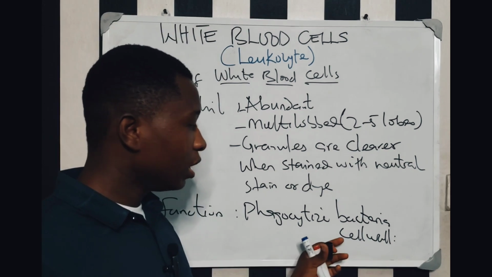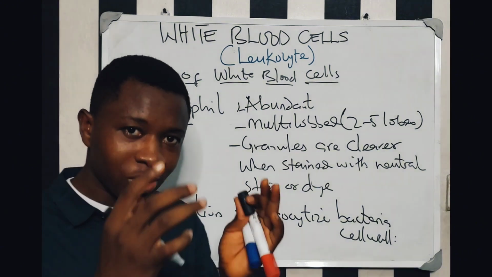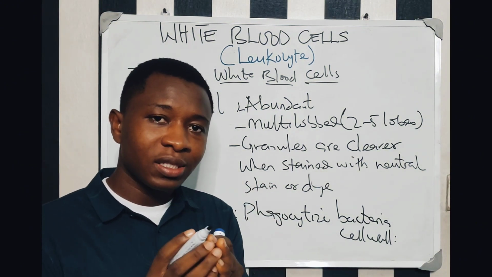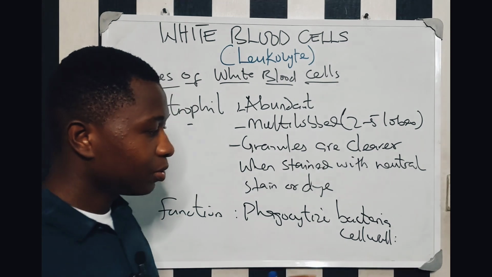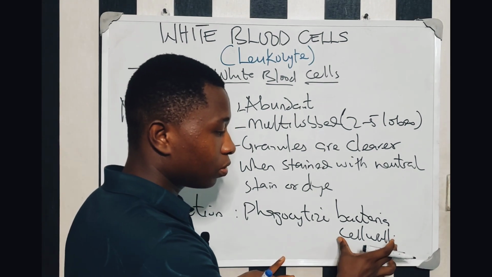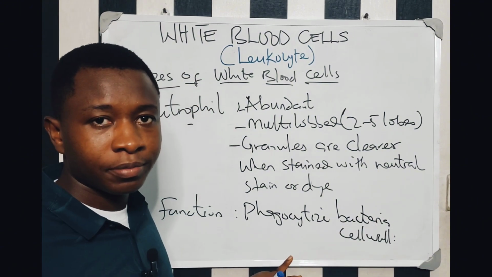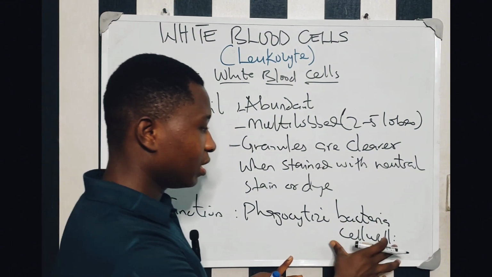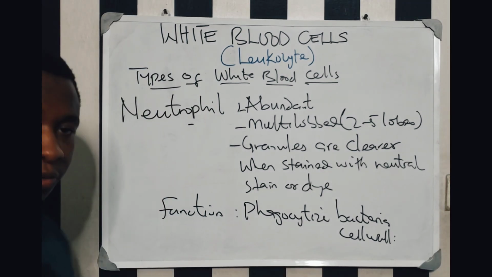The granules are actually vesicles that contain the enzyme lysozyme, so the lysozyme breaks down the peptidoglycan cell wall or cell membrane of the bacteria. So that is one of the major functions of the neutrophil.